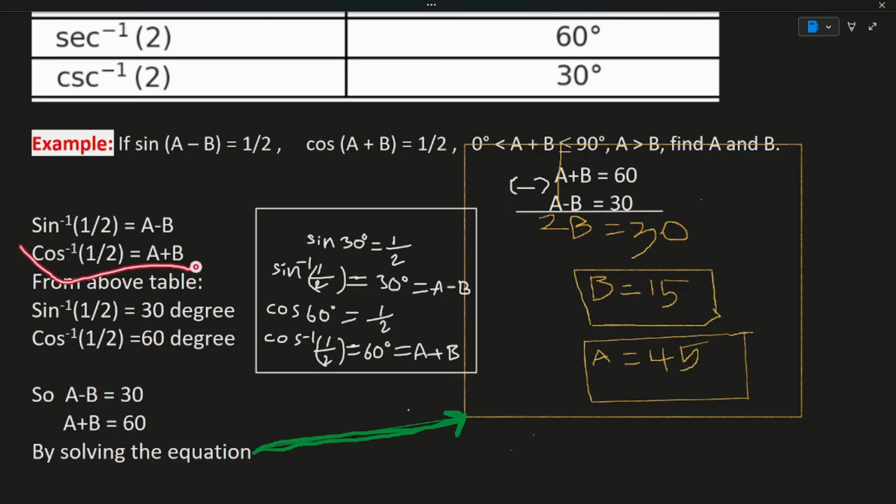In the place of cos inverse of 1 by 2, I can keep A plus B. Why? Because A plus B equal to cos inverse of 1 by 2. So A plus B equal to 60 degrees. Okay. So in this manner, we got two equations here. By solving these two equations, we'll get B equal to 15 degrees, A equal to 45 degrees.